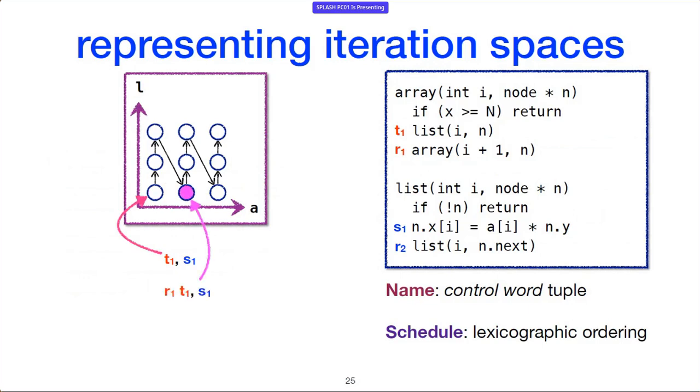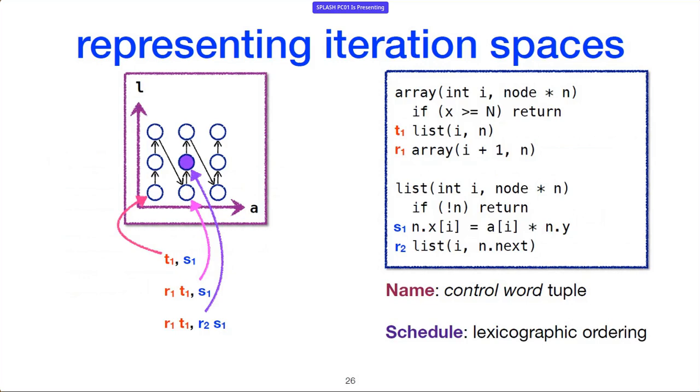If I execute a different iteration, for example, this pink guy here, that looks like calling the array function once, recursively calling it, so I call R1. Then I go in and call the list function, which calls S1. And so the stack frame looks like R1, T1, S1. It's just a unique name for each one of these instances. I can name this purple guy R1, T1, R2, S1.